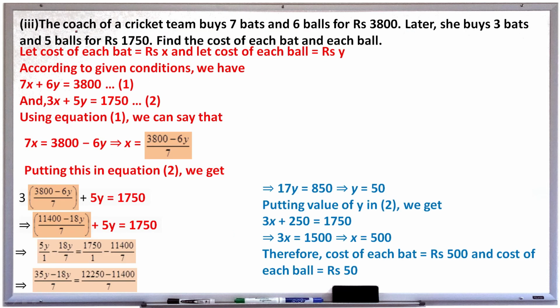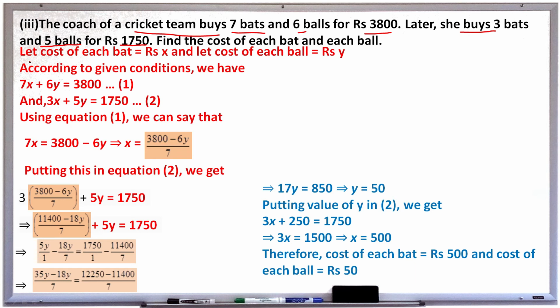Question number 3. The coach of a cricket team buys 7 bats and 6 balls for rupees 3800. Later she buys 3 bats and 5 balls for rupees 1750. Find the cost of each bat and ball.